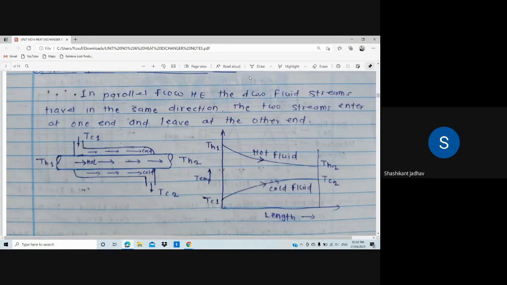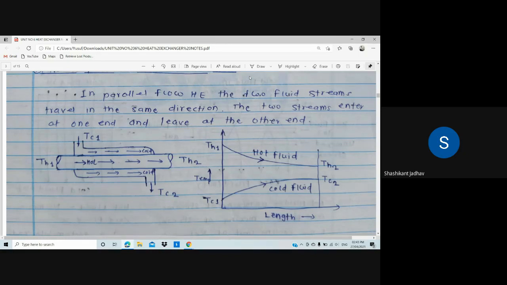ओके म्हणजे पॅरलल फ्लो हीट एक्सचेंजर आपण कशाला म्हणणार आहे, बघा तर आपलं देर आर टू टाइप्स ऑफ फ्लुइड, हॉट फ्लुइड आणि कोल्ड फ्लुइड. समजा there are two pipes, in the one pipe there is a hot fluid and in another pipe there is a cold fluid.